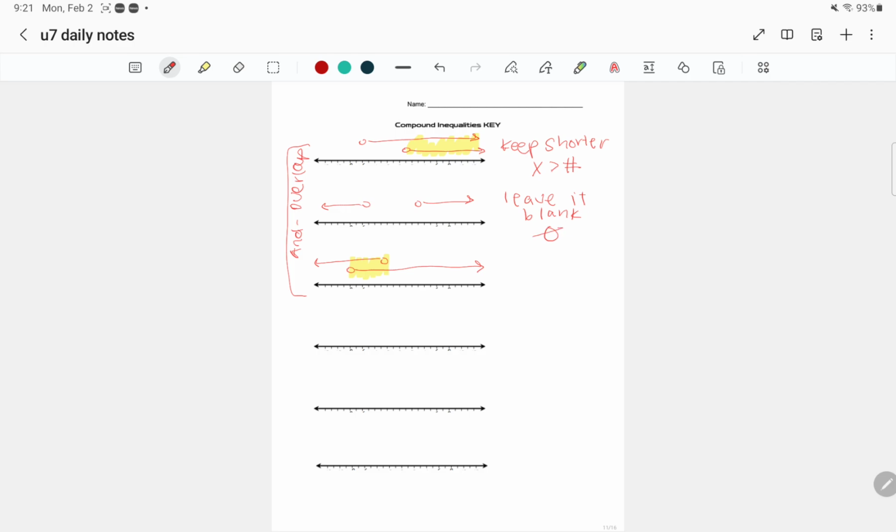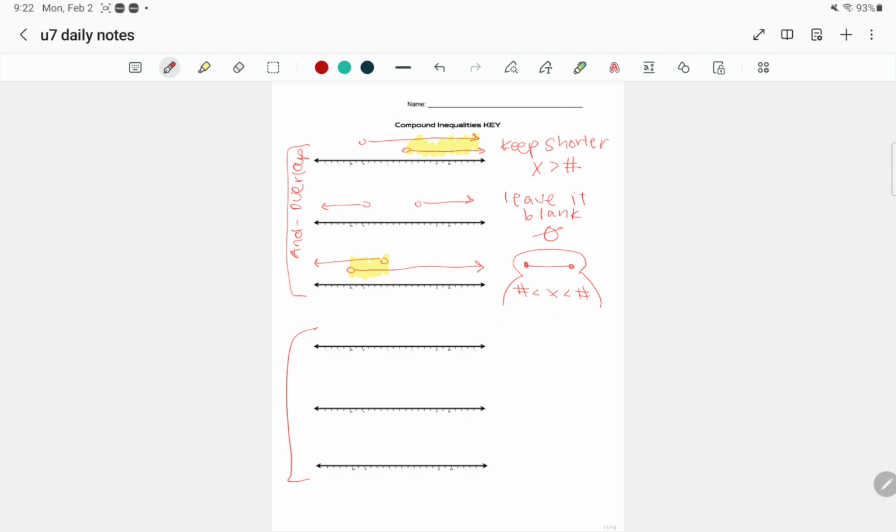If I have just a from here to here, I've got 2 endpoints, no arrows, then that's Baymax. And Baymax needs a sandwich. So my answer always looks like this, where I'm saying from one number to the other number. Okay, X needs to be in the middle of this number and this number.